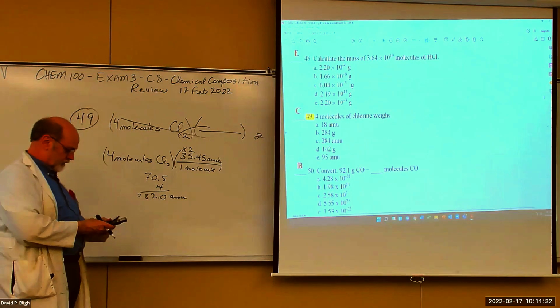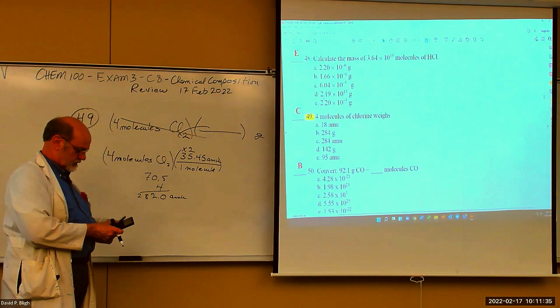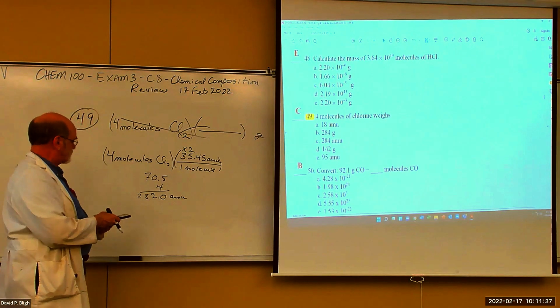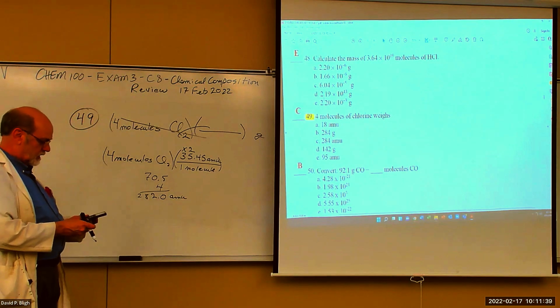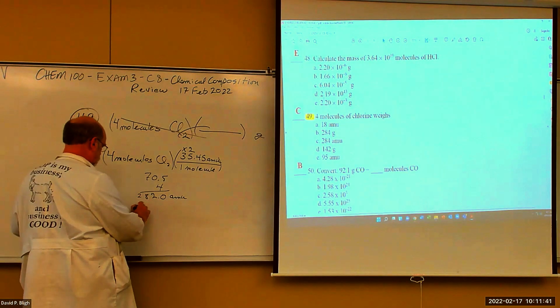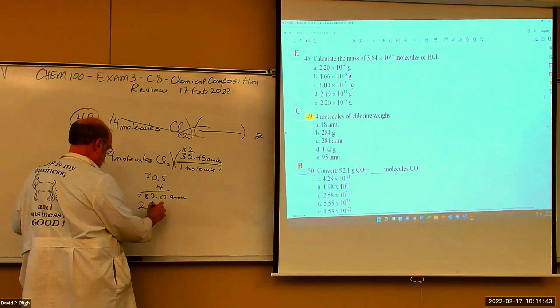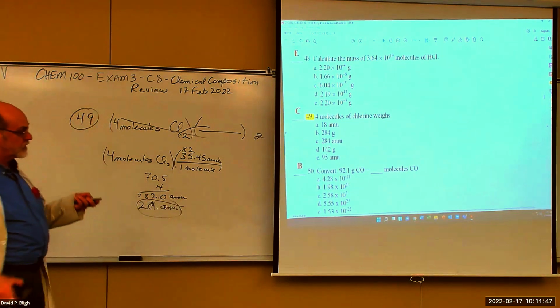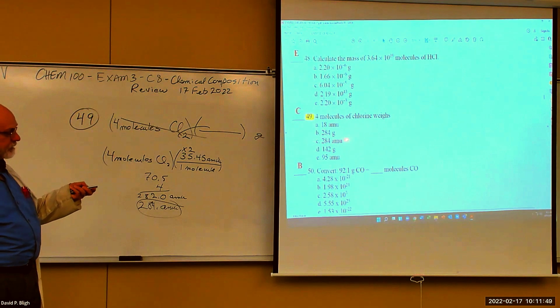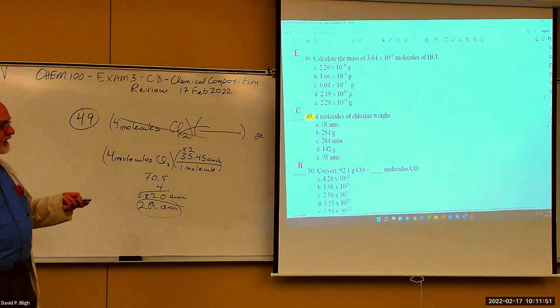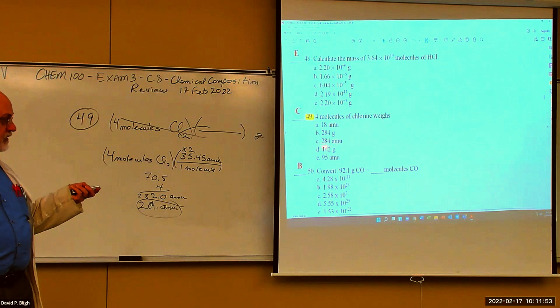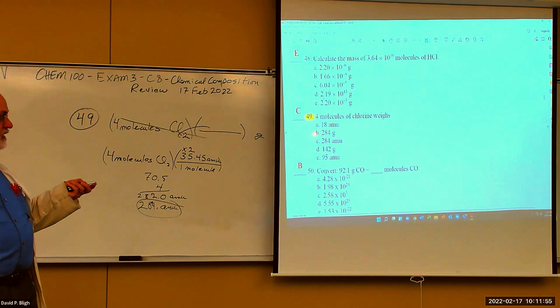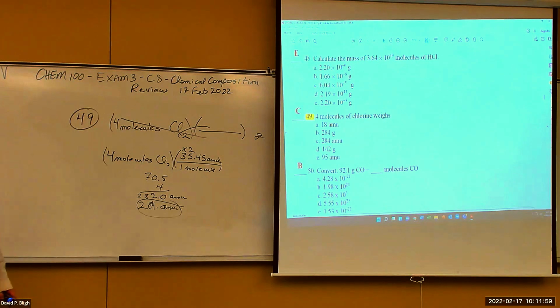So 35.45 times 2, and then times 4 is 284 atomic mass units. So there you go right there. By process of elimination, we know that these 2 are unreasonable. So it's either this one or that one.